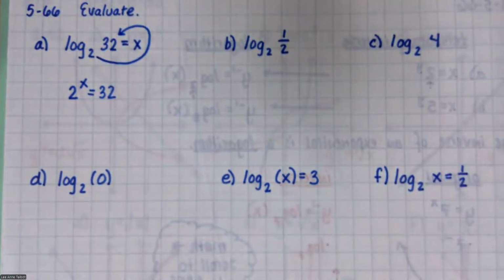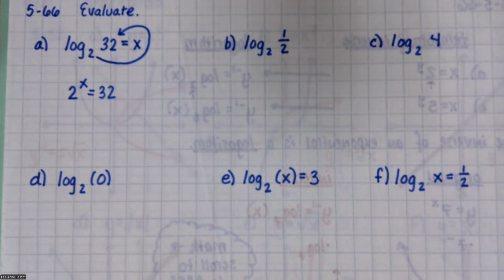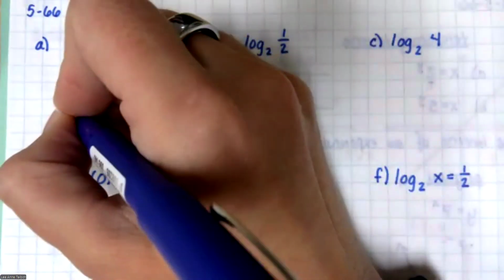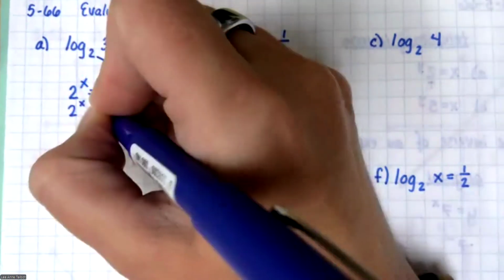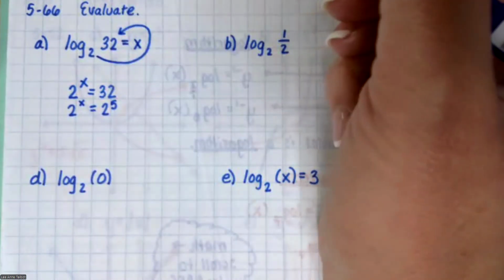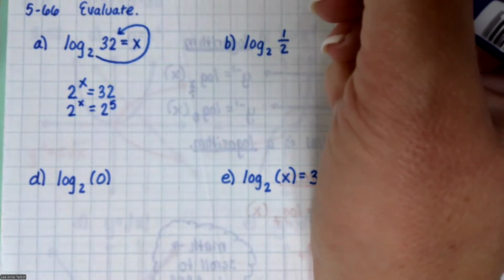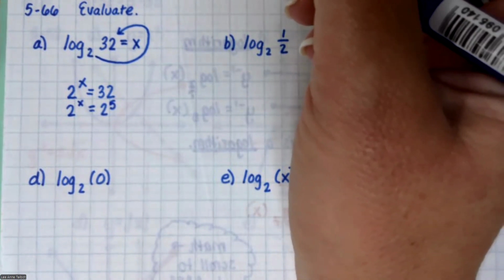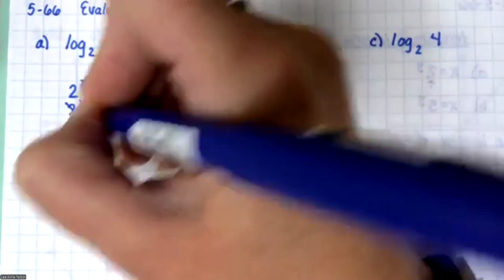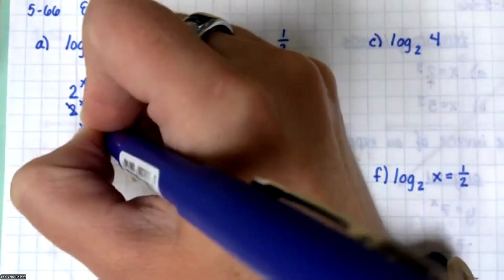Now maybe just this moment you figured out why we have same base exponentials on last week's quiz and why we did them in warm-ups. That's because to do logarithm problems, you need to be able to do same base exponentials. So this is 2 to the X equals 2 to the 5. 32 is 2 to the 5. Cancel, cancel, X equals 5.